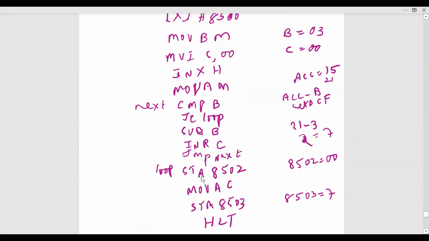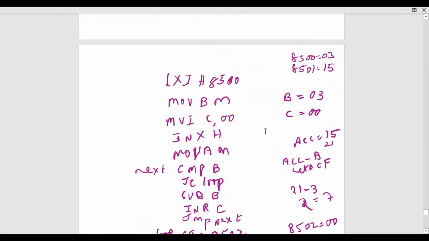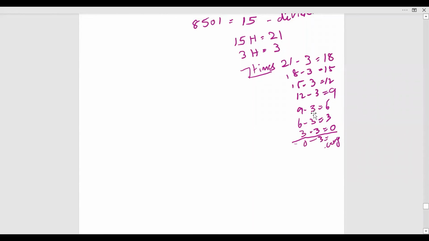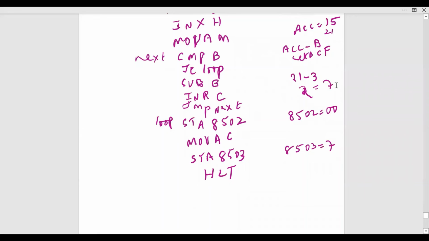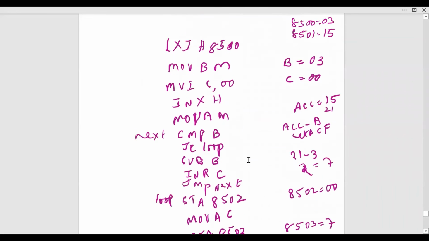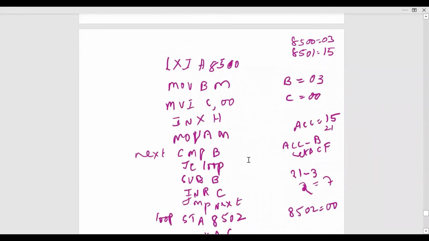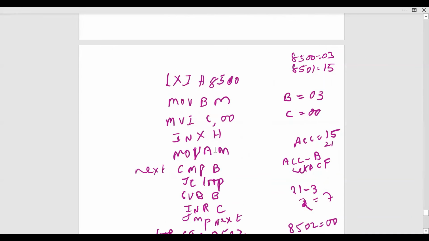So A consists of 0, that will be stored. And C, because we got the accumulator 0 after 7 subtractions, so C becomes 7. For each subtraction, C is incremented, and it will be 7, and that is moved to the accumulator and stored in 8503. So it's a simple program to divide two 8-bit numbers in the microprocessor.